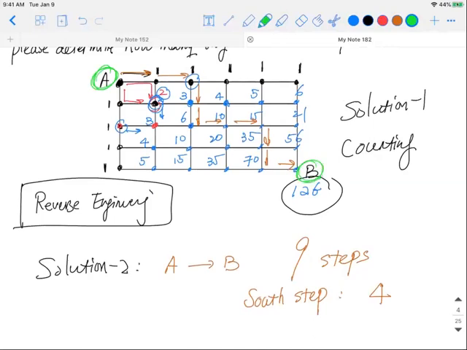He must move 1, 2, 3, 4 steps to the south, right? And also, how many steps does he need to go right? He basically has to move to the right 5 steps, right? 1, 2, 3, 4, 5. But of course, they don't have to be in the same order, right?